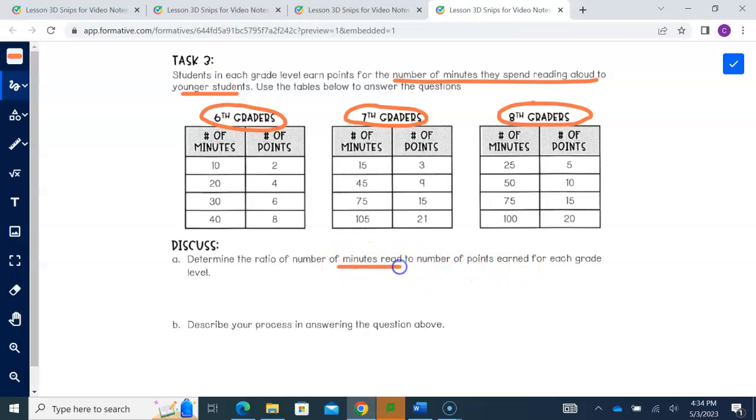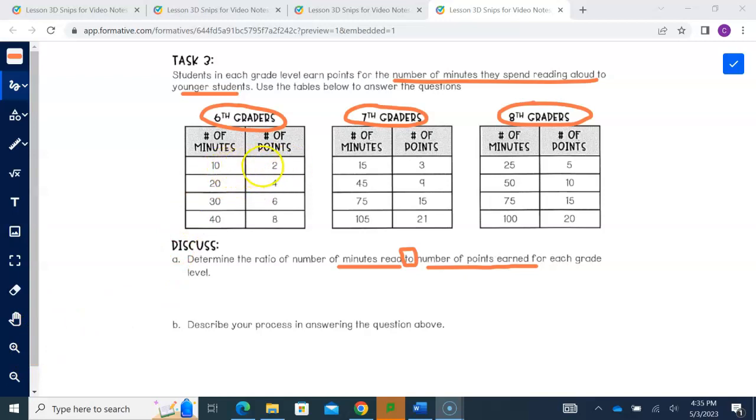Determine the ratio of number of minutes read to number of points earned. Number of minutes read, they're giving us the order they would like us to do the ratio in, to number of points earned. So we're doing this for each grade level. So we're going to first take a look at 6th grade.